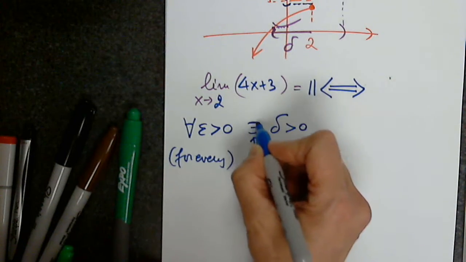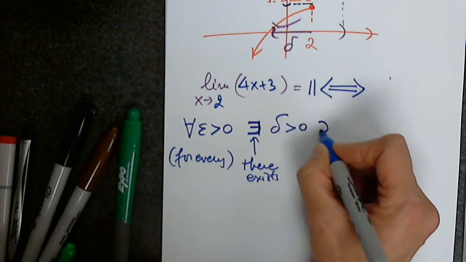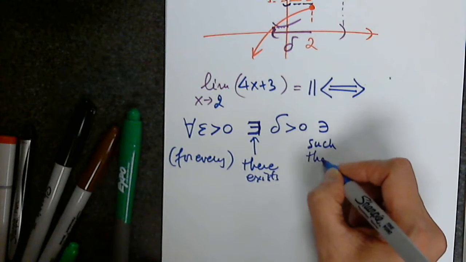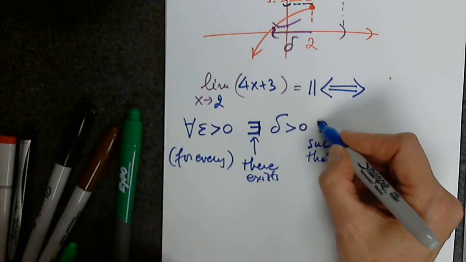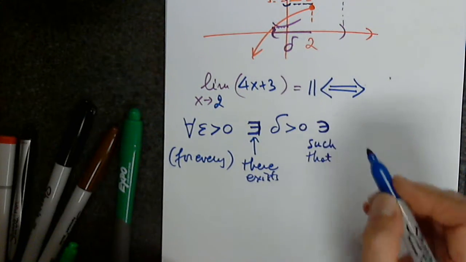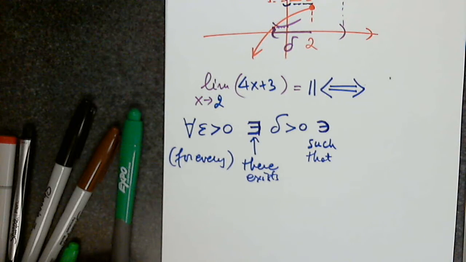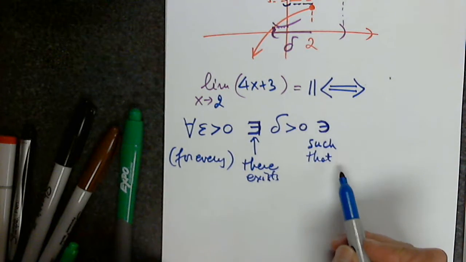Such that, this is an uppercase. Such that, this is a smaller e backwards. For every epsilon greater than 0, there exists a delta greater than 0. Such that, this is like the euro sign. Similar. Okay, so for every epsilon greater than 0, there exists a delta greater than 0 such that.